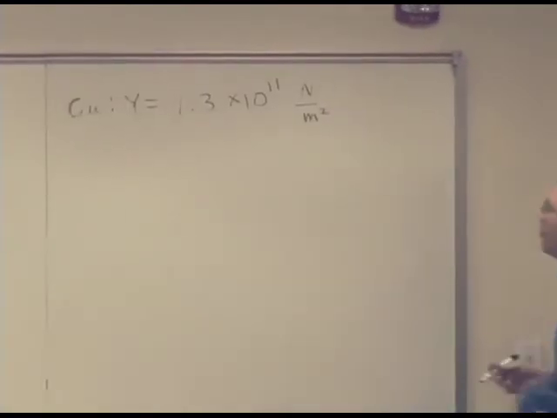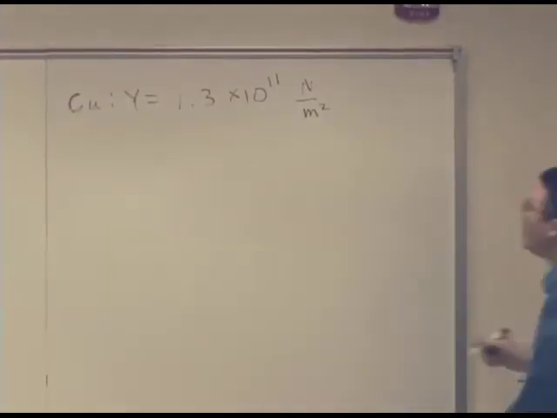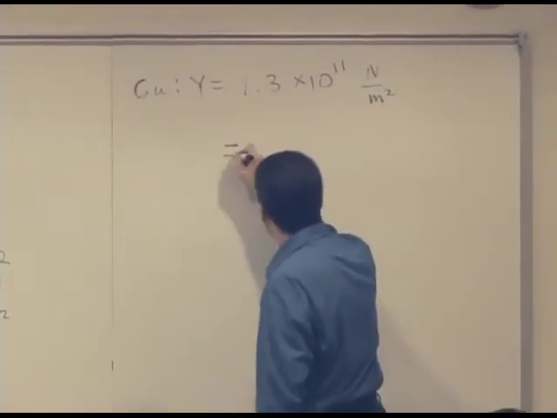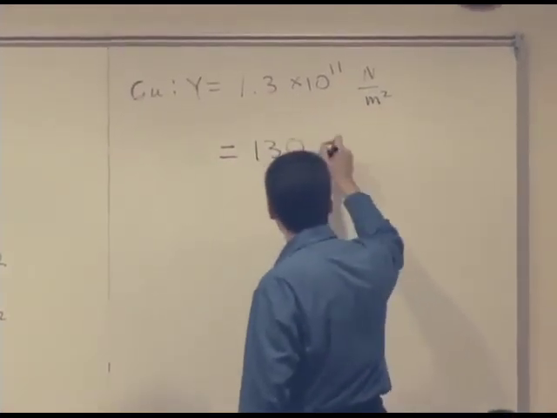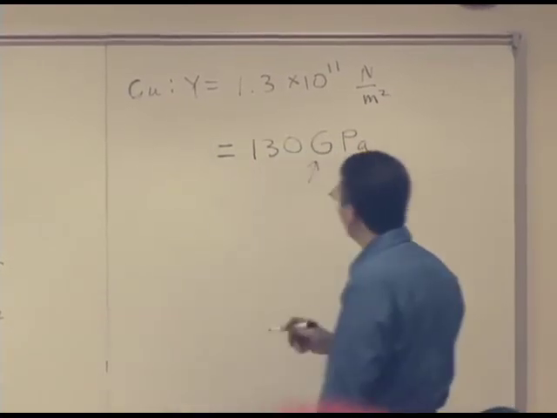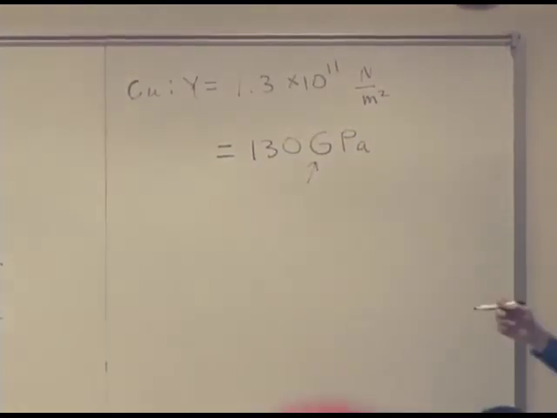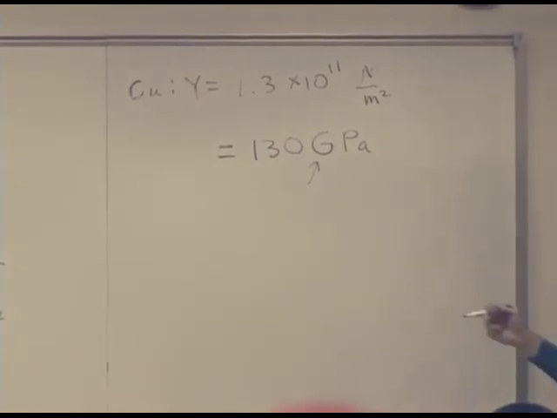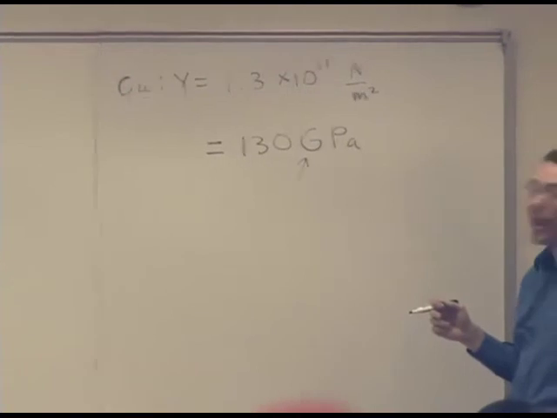If you look this up in a table or look it up online, you might see that it's listed as 130 capital G PA. What's the prefix capital G for in SI units? Giga, 10 to the 9th, right?